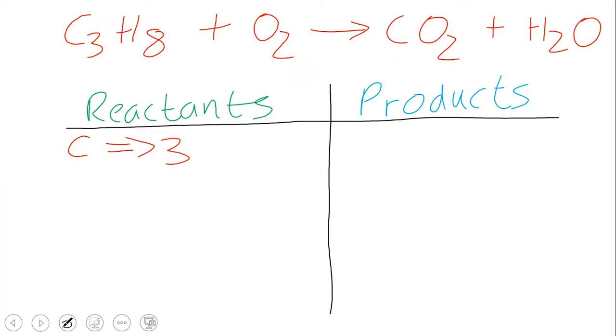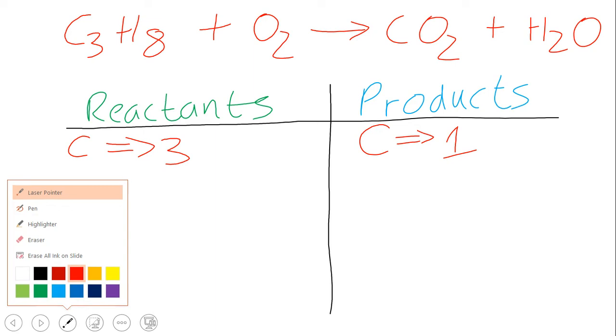Here we had 3, but on the product side we don't have a number, and when you don't have a number, that means you're dealing with 1. So here we only have 1 carbon. We can clearly see that there's an imbalance here, because on the reactant side we have 3, but on the product side we have 1 for carbon. So we know that this equation is not balanced.